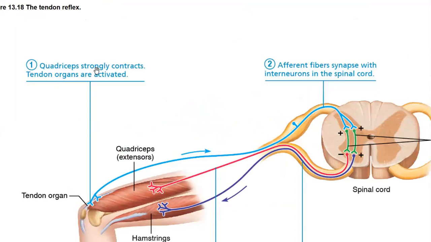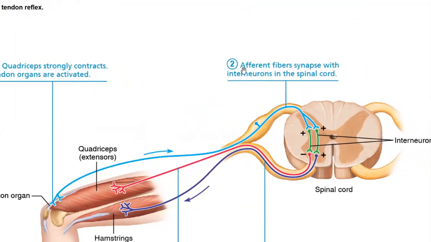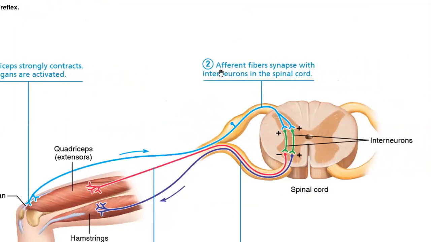So we have the quadriceps strongly contracts, tendon organs are activated. 2, remember that word, afferent. We talked about it. We talked about its directions. Afferent fibers, synapses. Where is that going?